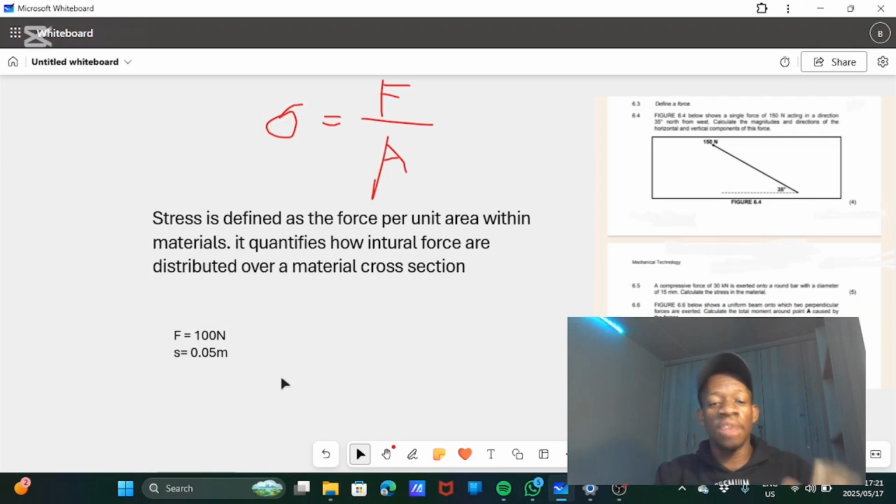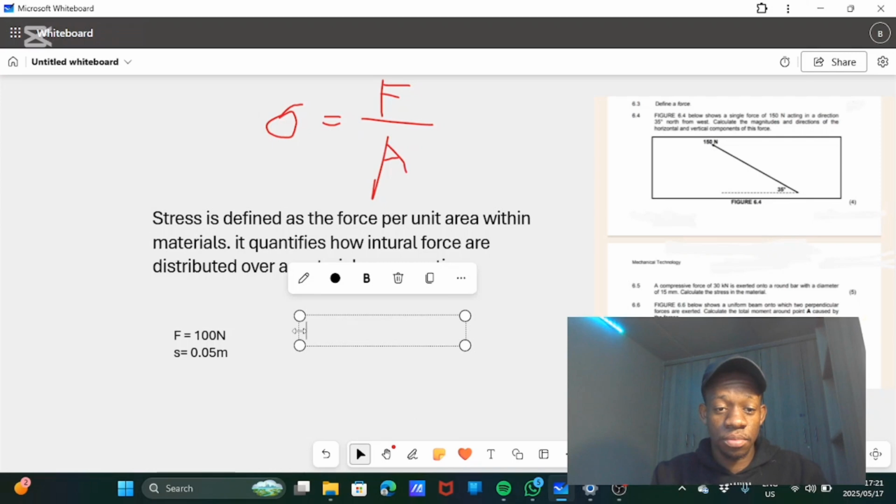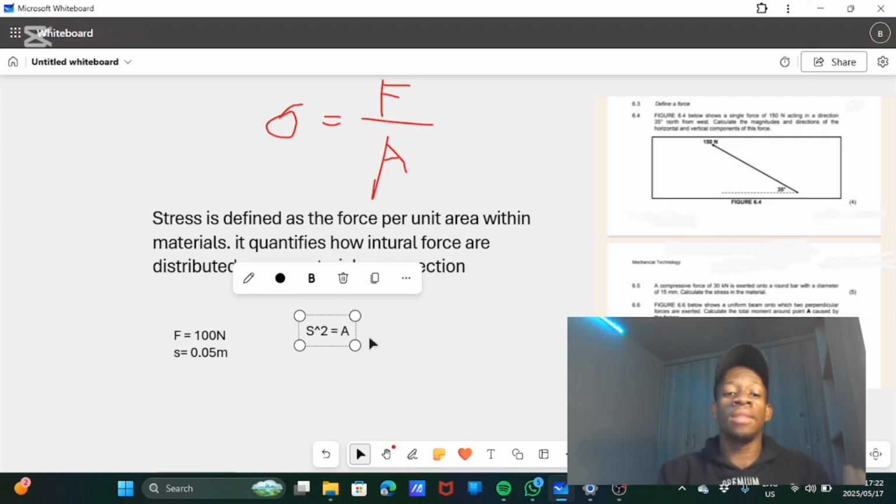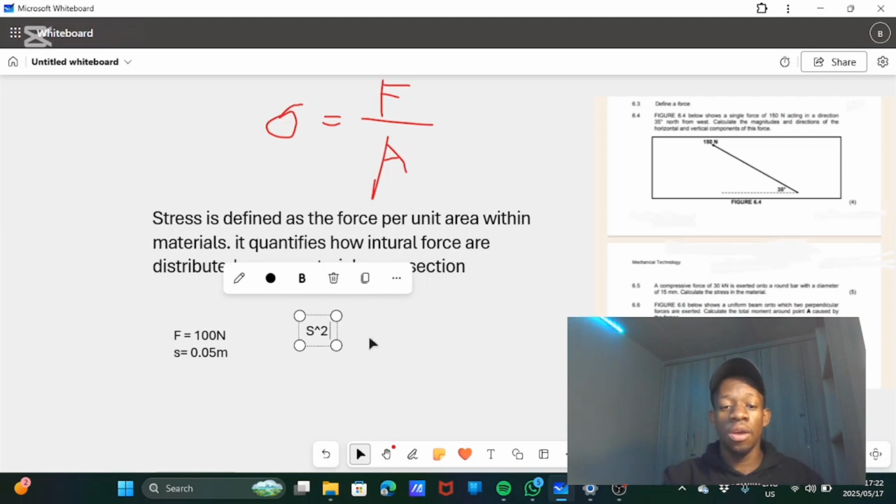And when you calculate an area, your S squared is equal to A. This is how you calculate your area.